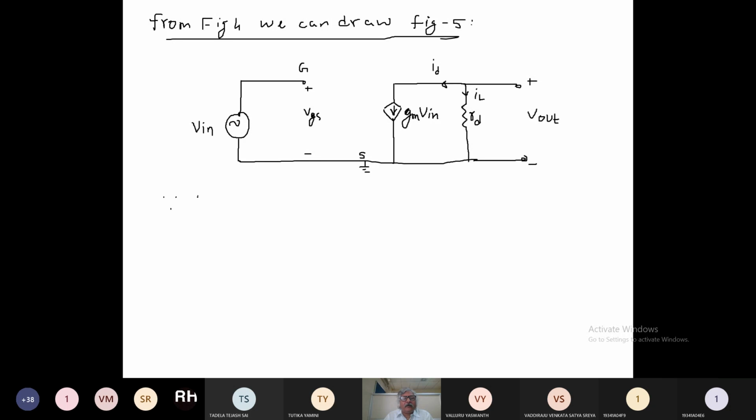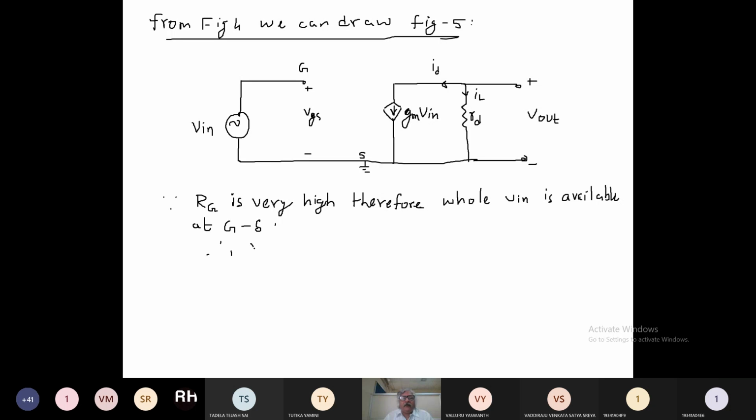Since RG is very high, therefore whole Vin is available at gate and source, right?